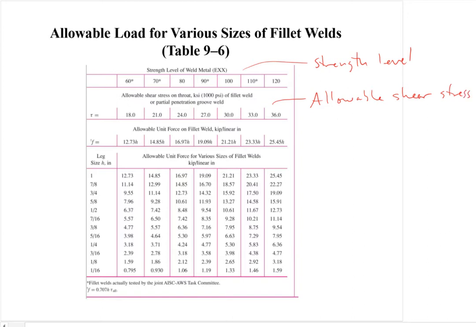And the neat part is, you can use this shear stress from that formula. I think it was formula 9.2. So if you have your shearing forces, your throat height, and your weld length, this will give you your allowable shear stress.